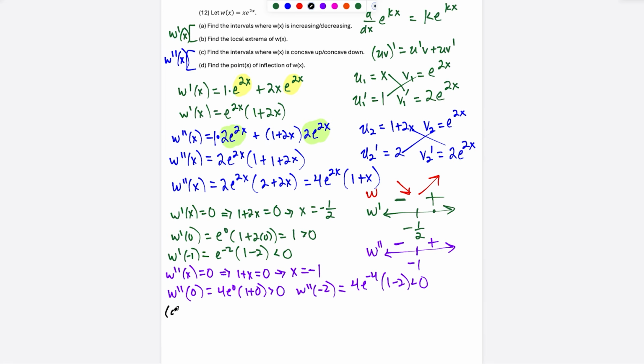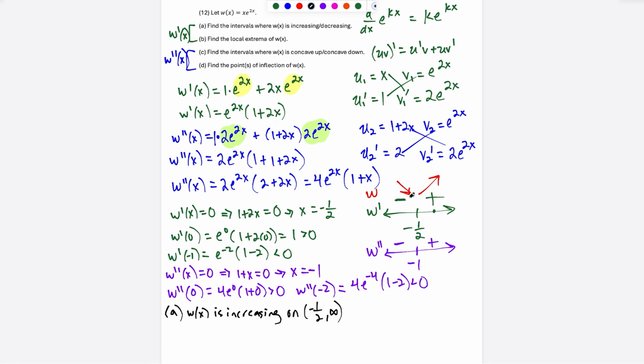So for part A, we could say w of x is increasing, and where is it increasing? It's increasing on the interval from -1/2 to infinity, and it's decreasing on the interval from -infinity to -1/2.